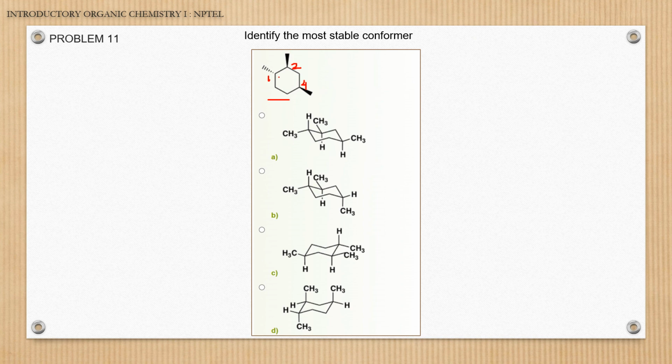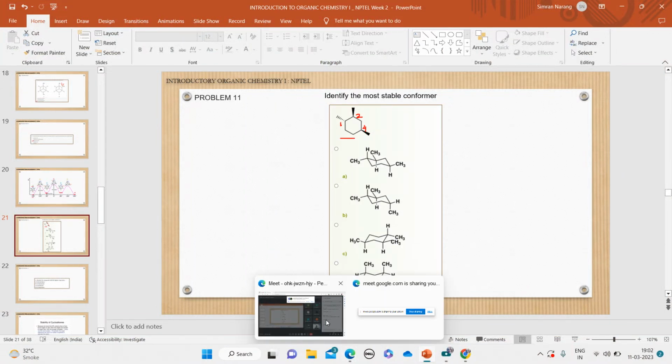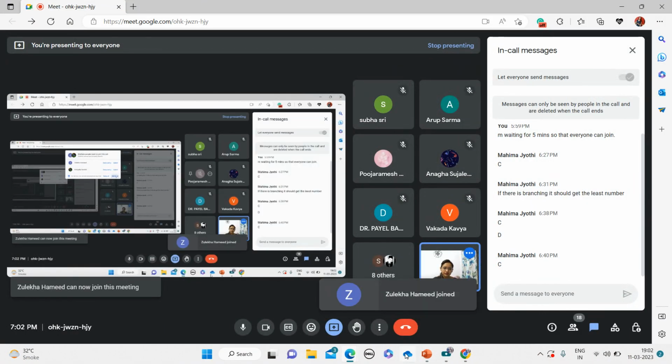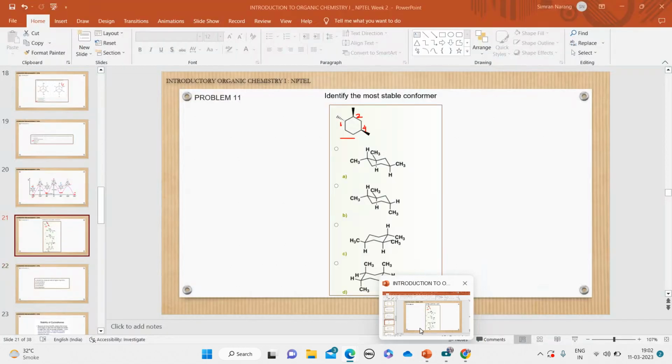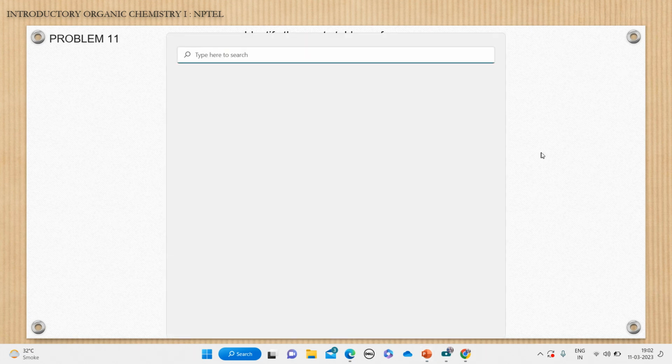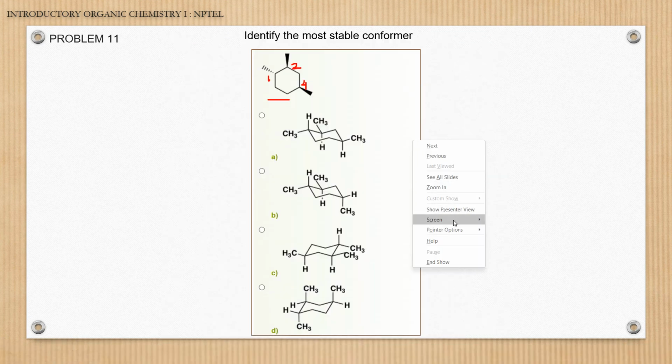So if you number it 1, 2, 3, and 4, then you will see that at 1, the methyl group is below the plane.